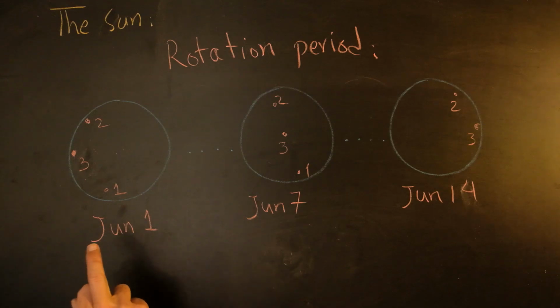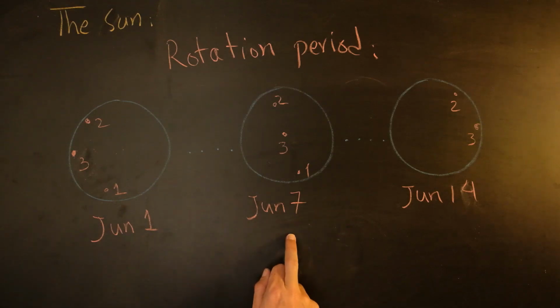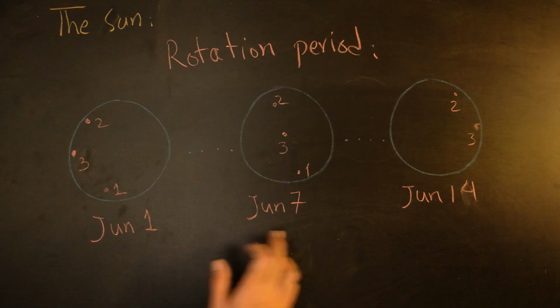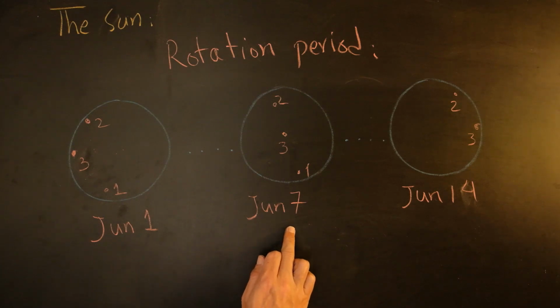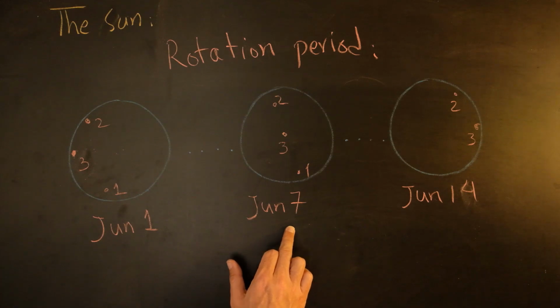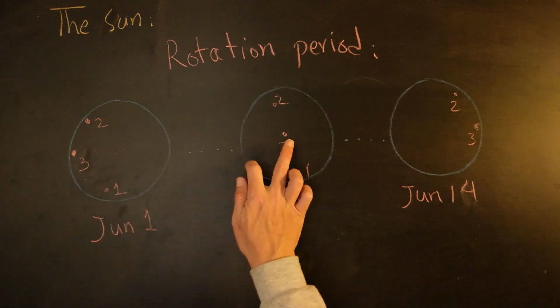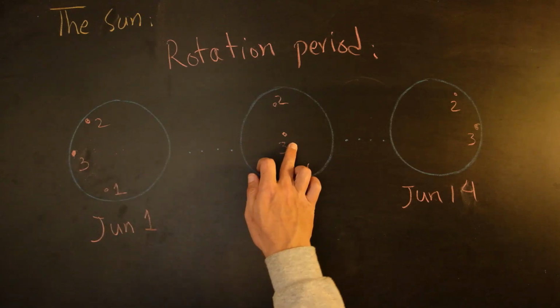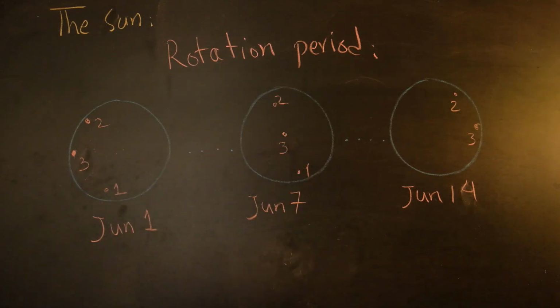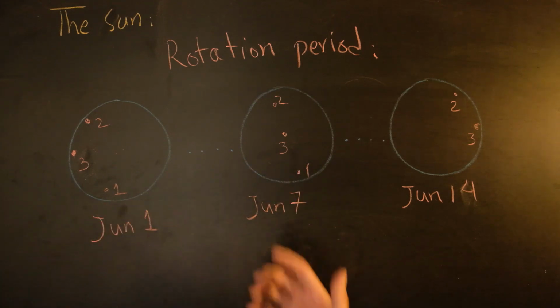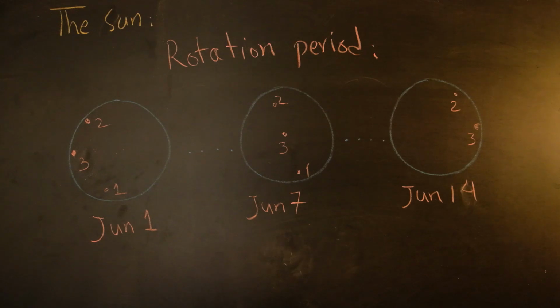So take this day and find the difference. In this case, it's around 6 days, which is a rough approximation. That's okay. So 6 days from this point to this point. Then this is 1/4 of rotation, so I have to multiply by 4. So 6 times 4, rotation period with this sunspot is 24 days.